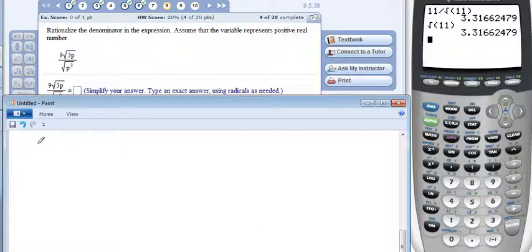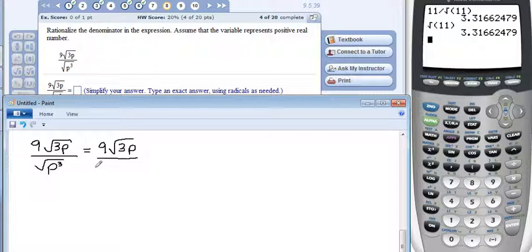Now on these, it's going to be easier if you, instead of multiplying by the square root of p cubed, reduce down your radicals before you start rationalizing whenever you can. Okay? It's just one step easier than if you wouldn't, but you can do it either way.